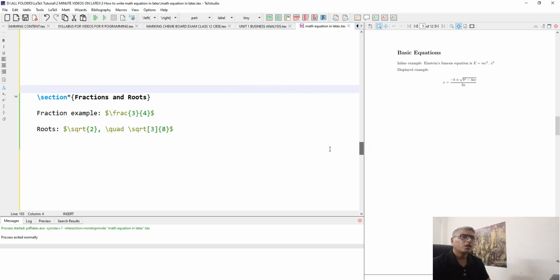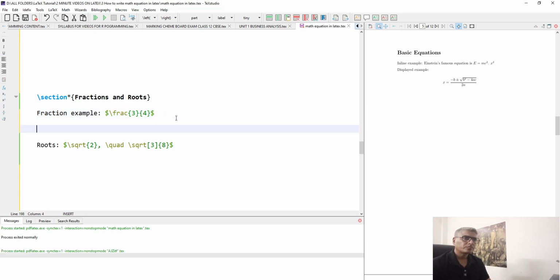Now let's understand how to write fractions and roots, which we have already discussed. To write a fraction, we write \frac within dollar signs, which is an inline mathematical mode, and the fraction 3 by 4 here. Let's see the result.